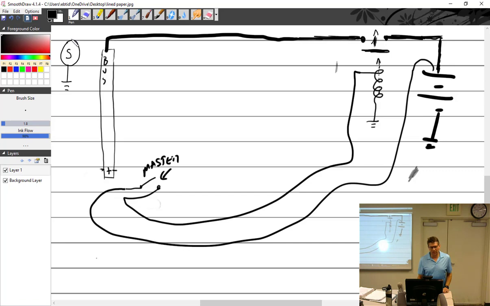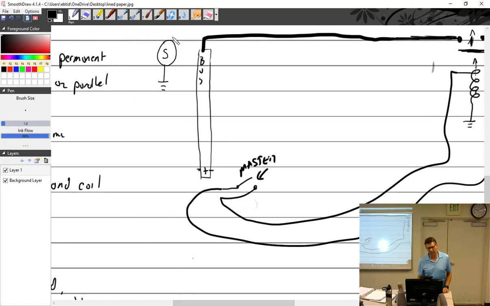So I've got this starter. Well, guess what's on the starter? A solenoid. So once again, we have a big old wire off the starter. It's right next to it. That actually goes to right here.